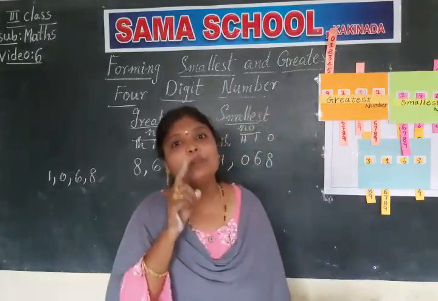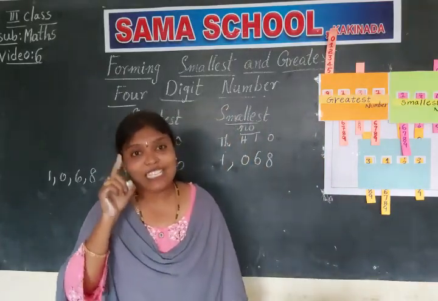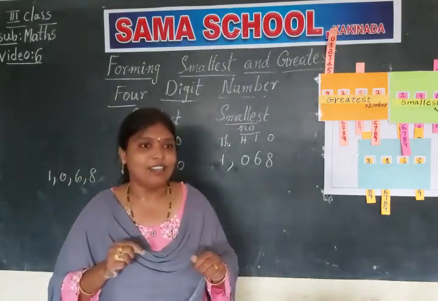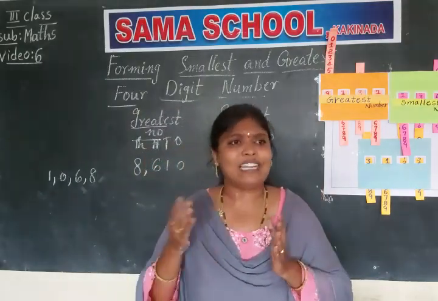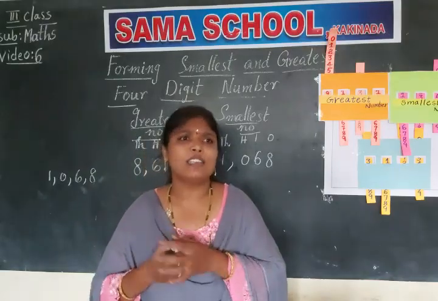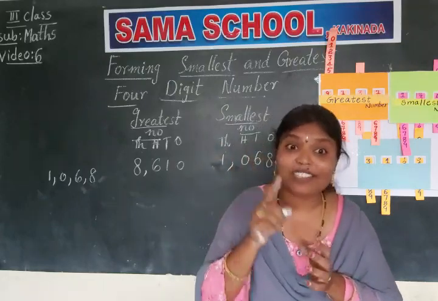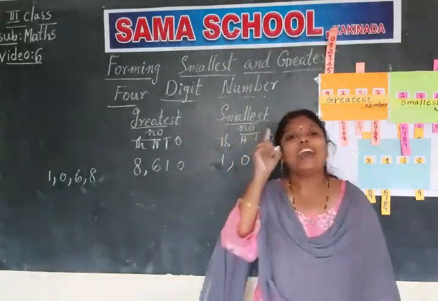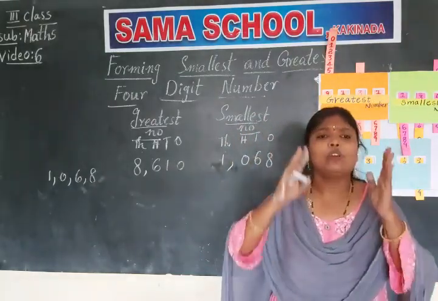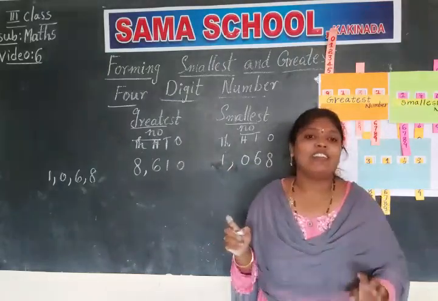So children, you must be very careful while forming greatest and smallest 4-digit numbers when there is 0 in the given digits. To write the largest number there is no problem. Anyway 0 is the smallest digit, so it will come at the last place only. But while writing the smallest number, you have to remember that by seeing 0 in the digits, you have to write that 0 in the second place, that is hundreds place.